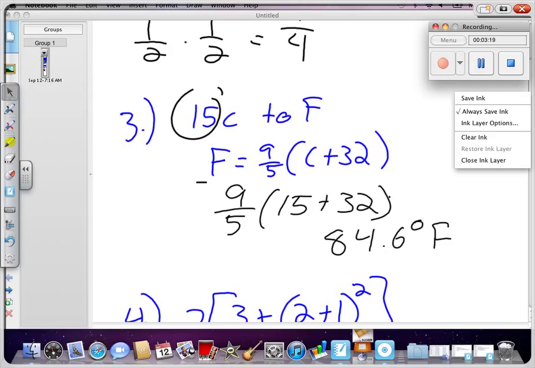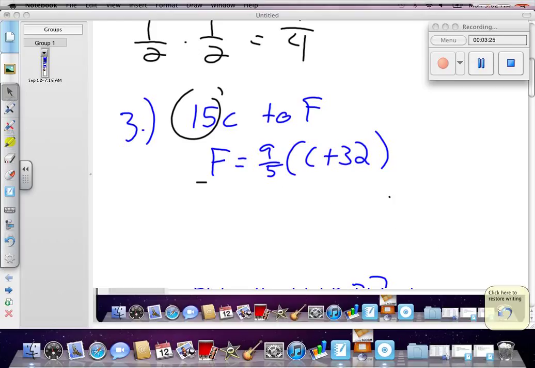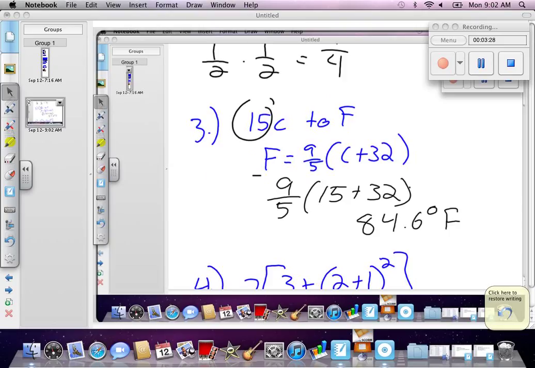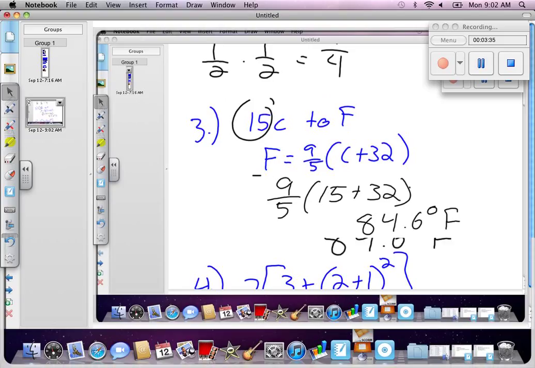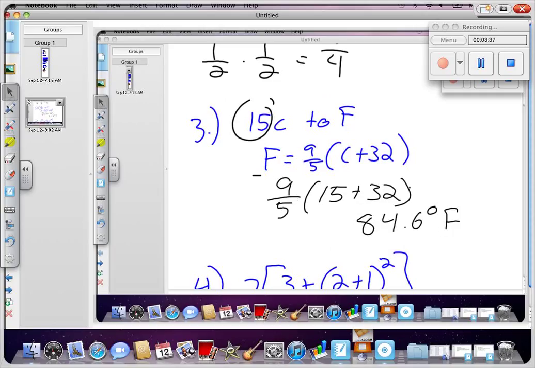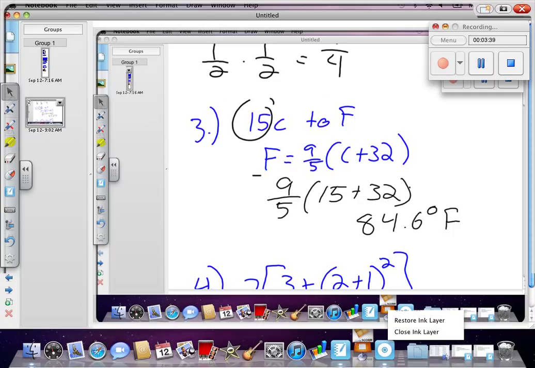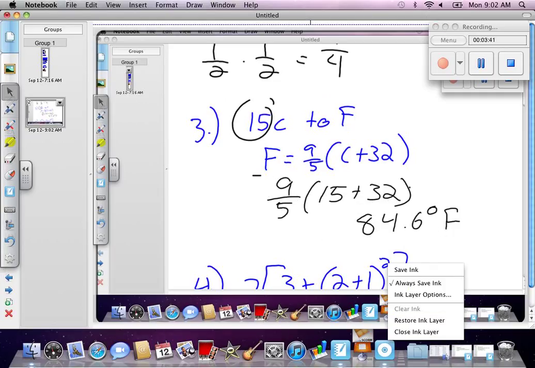Sweet. Oh, man. To restore. I love my computer.